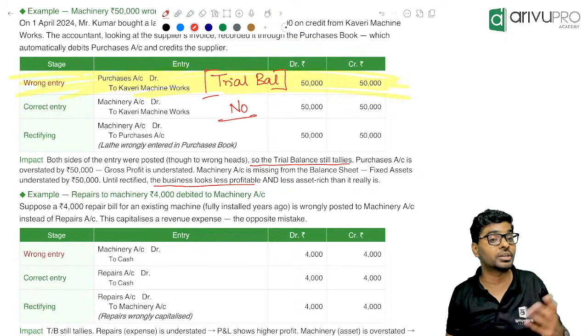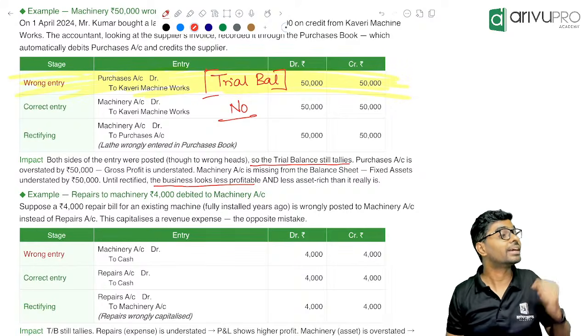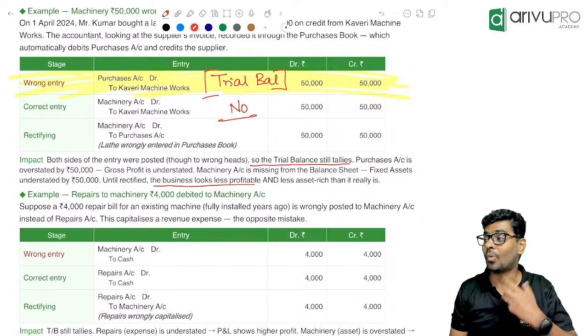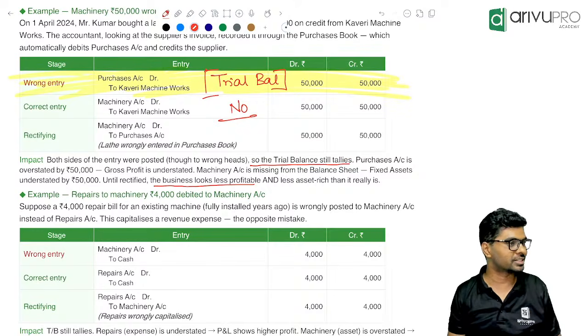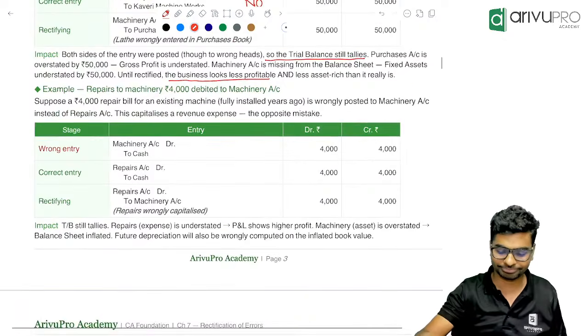The moment you are showing machinery as purchase, what is happening to your expenses? Expenses have increased. If expenses have increased, what will happen to the profit? Profits will decrease. Understood? Everyone? Easy? Confusing? No. Science students are saying no. Commerce students. Next one.